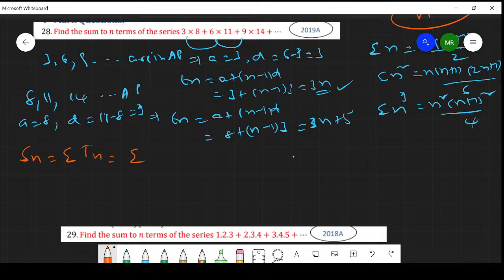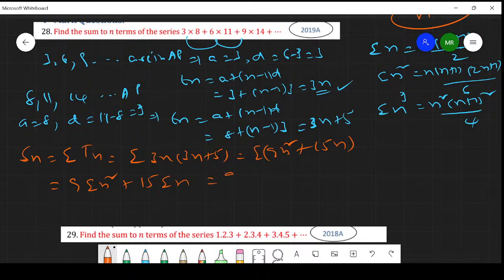What is Tn? The product of these two, 3n into 3n plus 5. Sigma, this will be 9n square plus 15n.